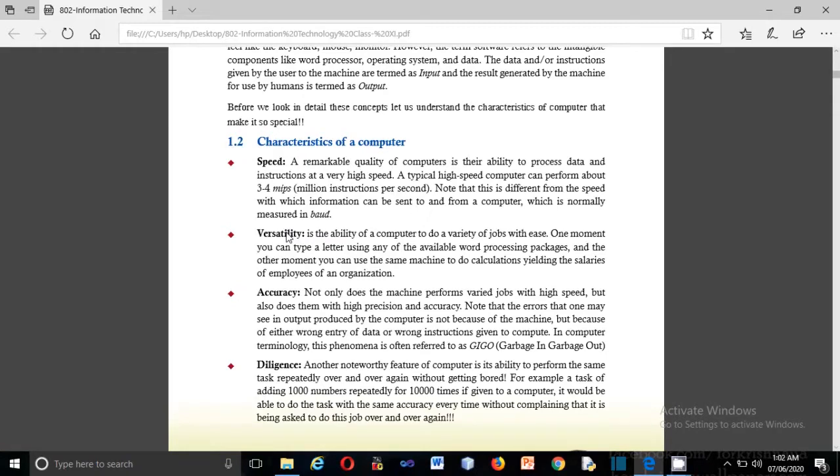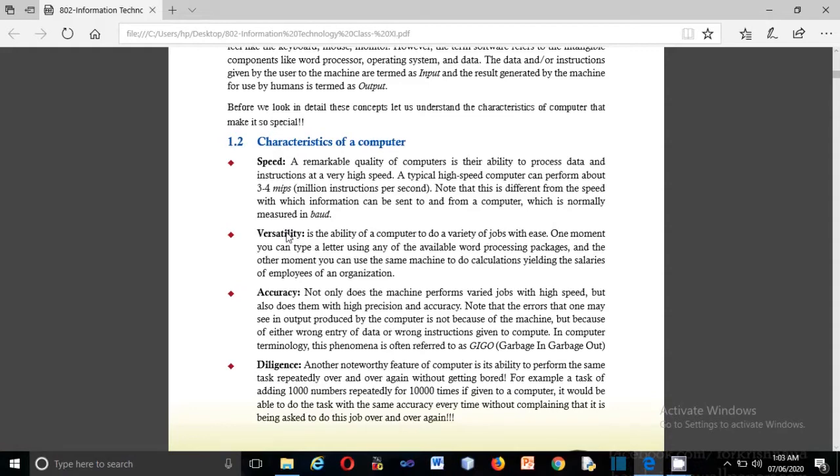And the third thing is accuracy. A computer is a machine, as you all know. A machine does not make any mistake on its own. A machine makes a mistake when a human gives it the wrong input. If we give a machine a wrong input, it will obviously give the wrong answer.